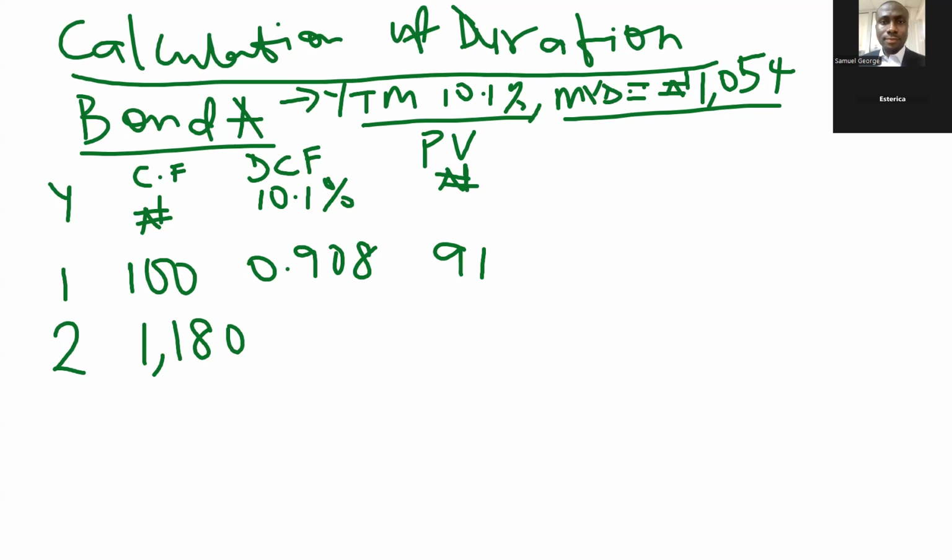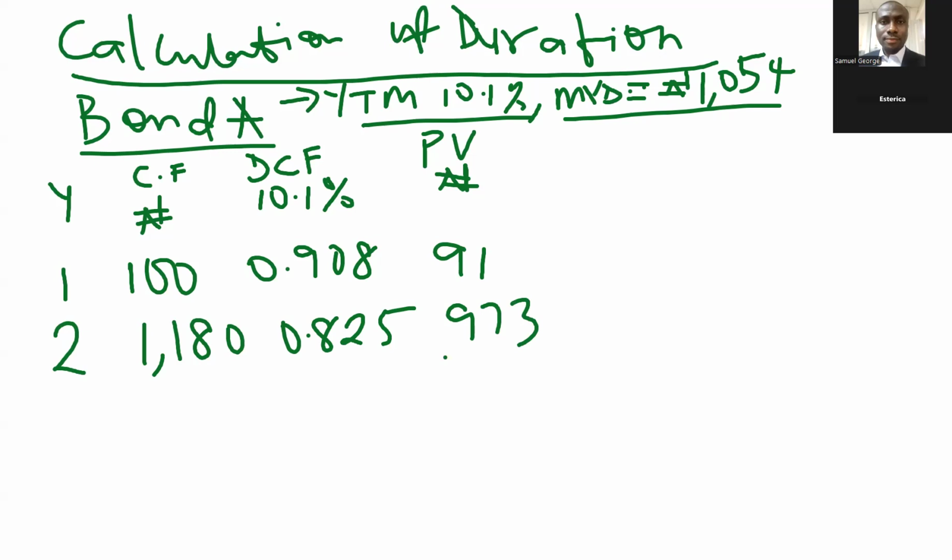Now, for year two, 1.101 raised to power minus 2 is 0.825, times 1,180, that is 973.